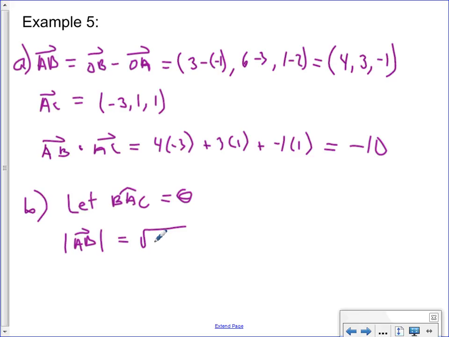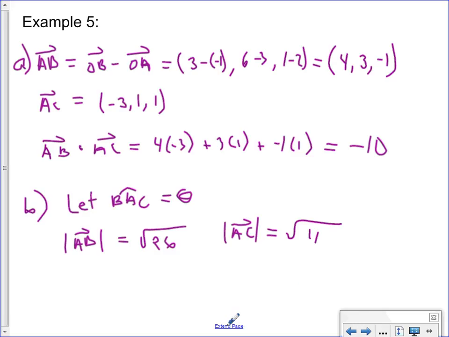Yeah, 25 plus 1 is 26, right? And the magnitude of AC, I'm skipping some stuff right now, but if you want me to work it out, I will. It's good? Okay. Square root of 9 plus 1 plus 1. So, square root of 11.